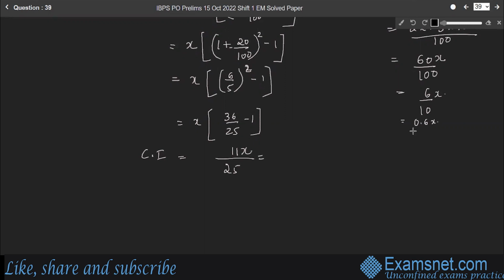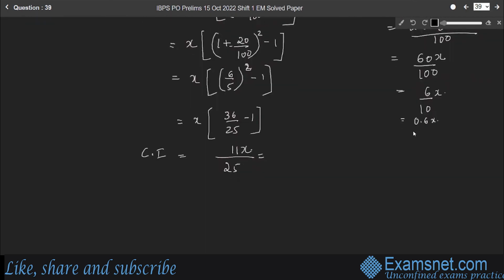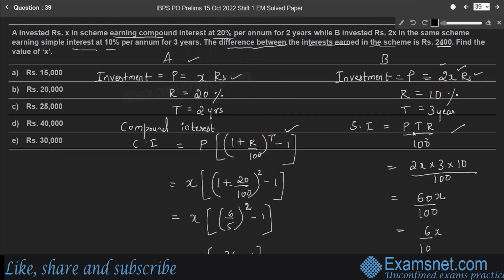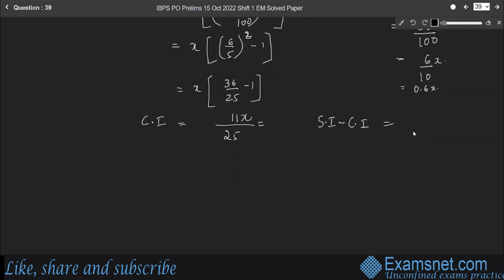So it is 0.4 something, right? 0.5 something. Therefore, here simple interest is more than compound interest. We'll take the difference. Simple interest minus compound interest is given as 2400, right?